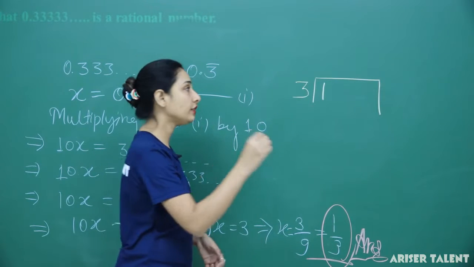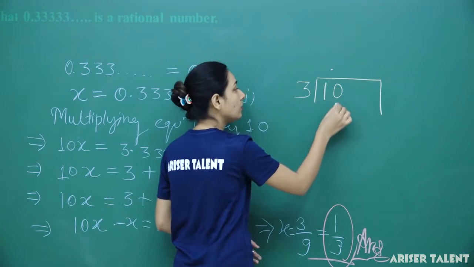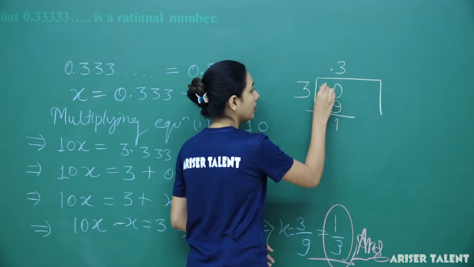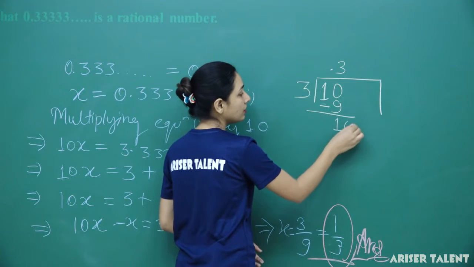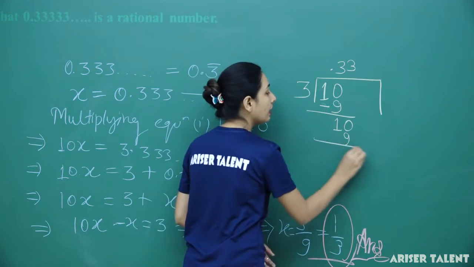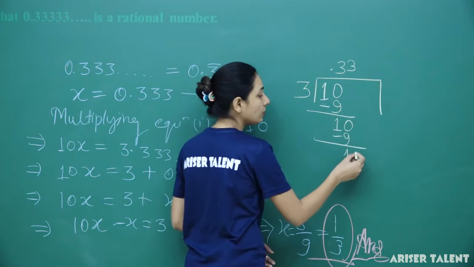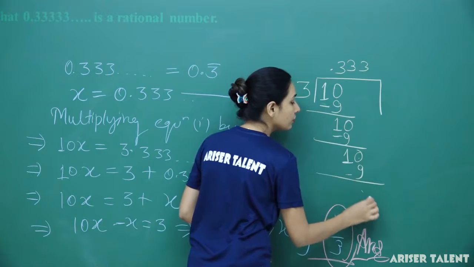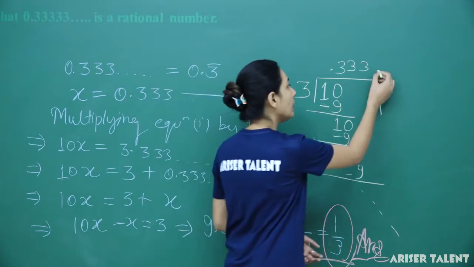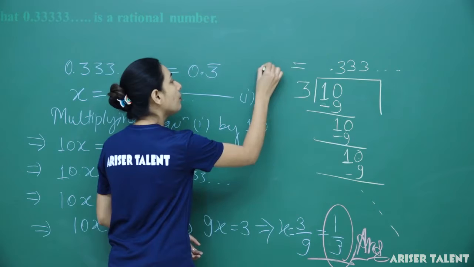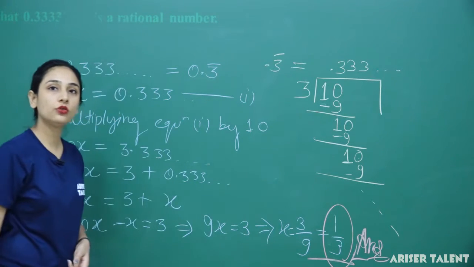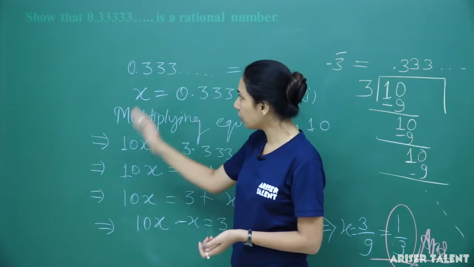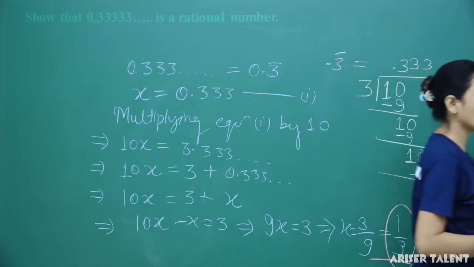Now what do you get: a decimal point, 0, then 3 3s are 9, remaining 1, then again 0, 3 3s are 9, subtract, remainder 1, and again 0, 3, 9, and this process will be continued. So that will be 0.333 and that will become 0.3 bar. So the expression is very right, students. So this is your solution, note this so that we can move forward.